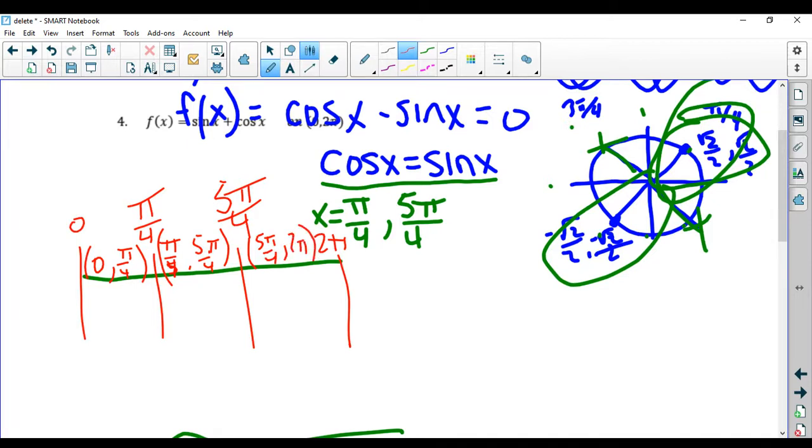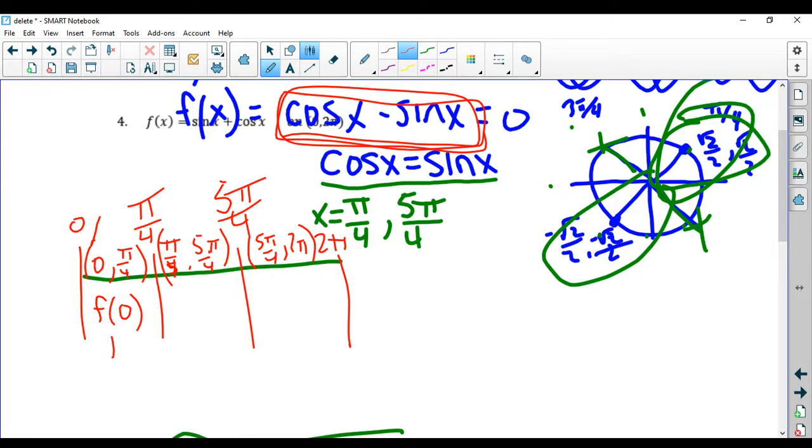Now in the first interval, a number between 0 and pi over 4 is going to be tough, but you can use 0 because 0 was not a critical number. Even though it's not technically in the interval, we know it's not a critical number, so the sign won't change there. When you plug 0 into this derivative, you get the cosine of 0, which is 1, minus the sine of 0, which is 0, so it's positive.